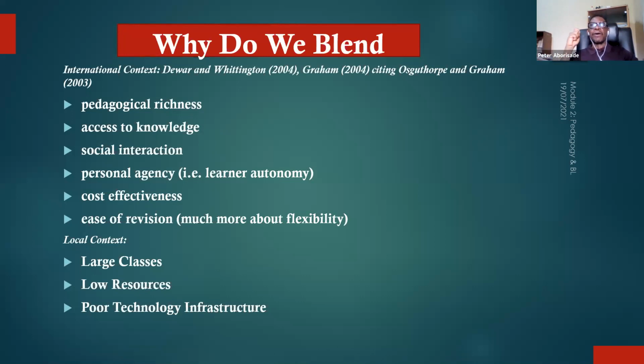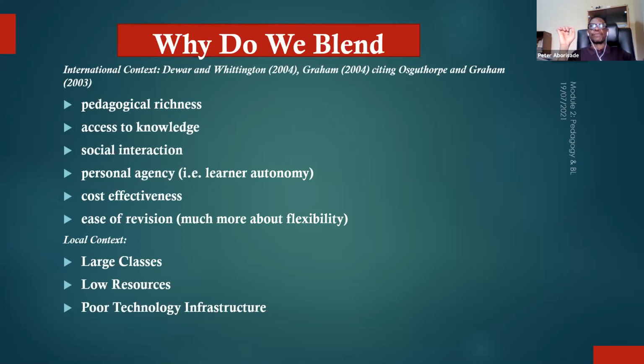But a child that is running ahead of the others is able to learn within a day or two what some other people will learn in a week or two, has the opportunity to go on without being held back by the others. That's what we mean by personal agency, learner autonomy. Cost effectiveness.